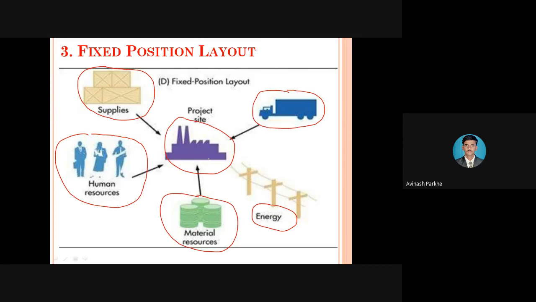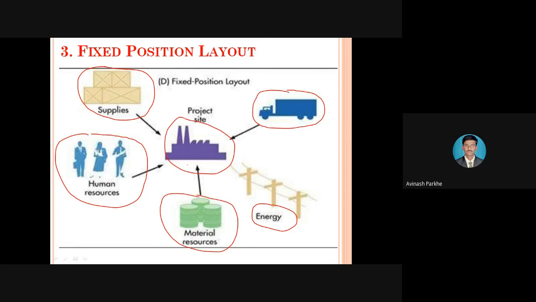So that ship, that sugar industry, or those aeroplanes are built or manufactured at one location only. But to manufacture that ship or that aeroplane, whatever input resources are required are brought to that location where the shipbuilding or aeroplane building is going on.